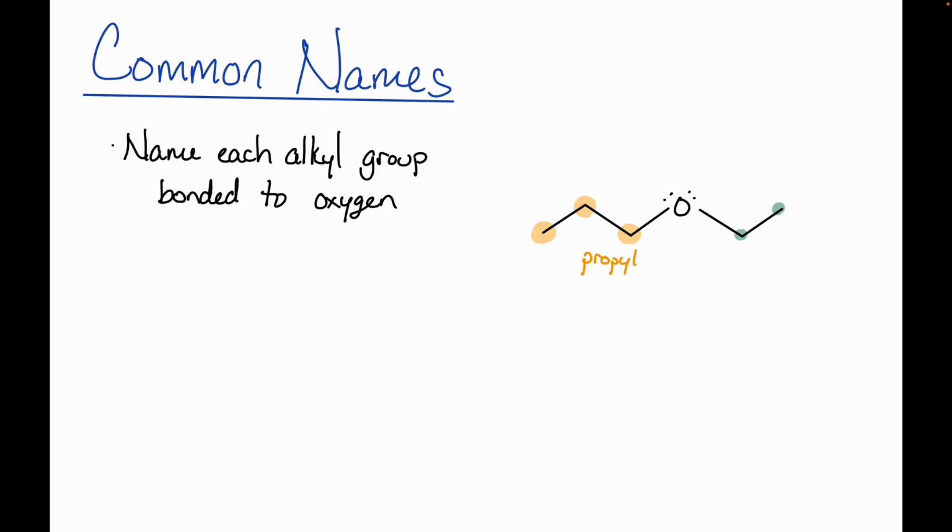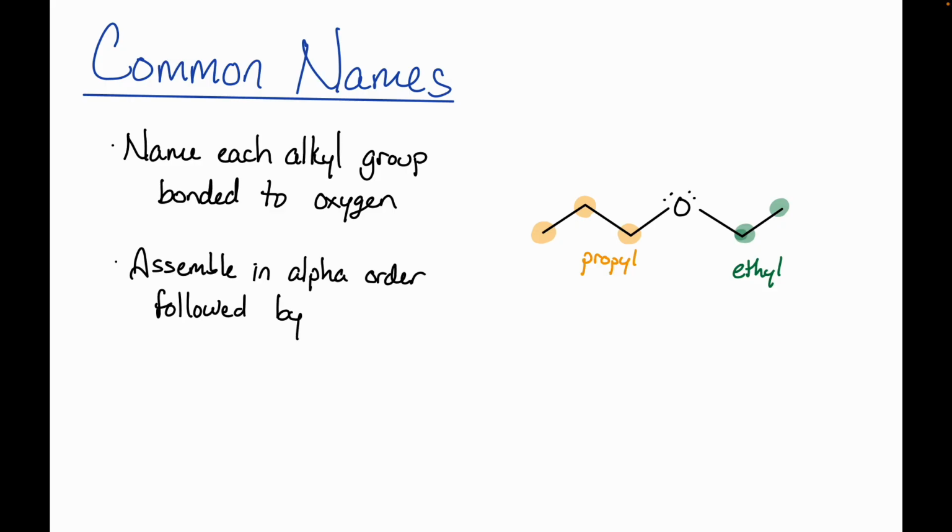This 2-carbon group would be an ethyl group. And we're just going to assemble those in alphabetical order, followed by the word ether.